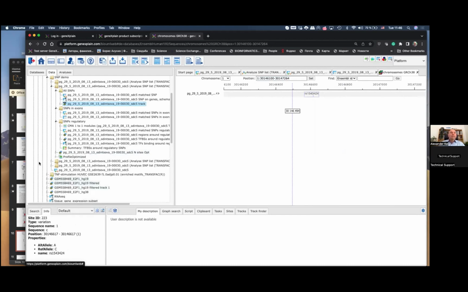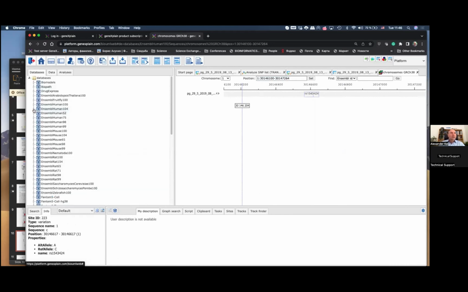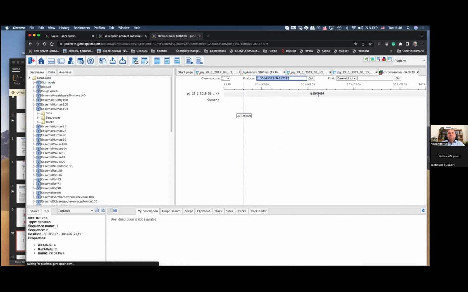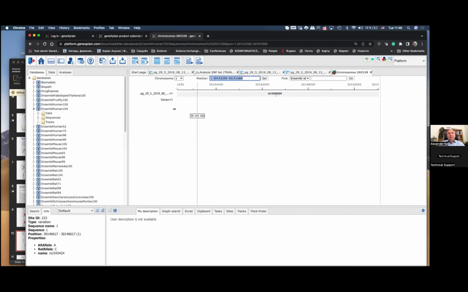And then you can see them in more context. For instance, you can put here in the genome browser the genes, the gene names. So you can put this track with genes, for instance. And then, okay, that's one thing, and we can zoom out, zoom in to see basically more information about the genes around.